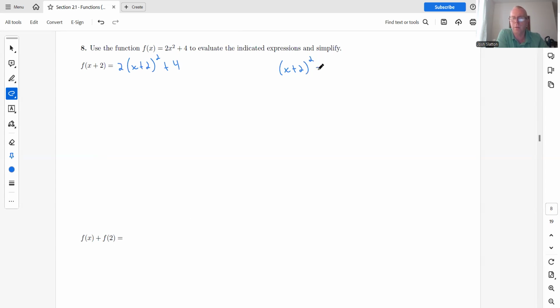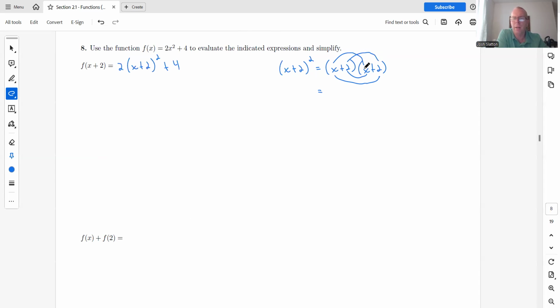So x plus 2 squared is x plus 2 times x plus 2. And of course, there's a formula for this shortcut, but we'll kind of FOIL it out. So we're going to do the first terms, the outer terms, the inner terms, and the last terms.